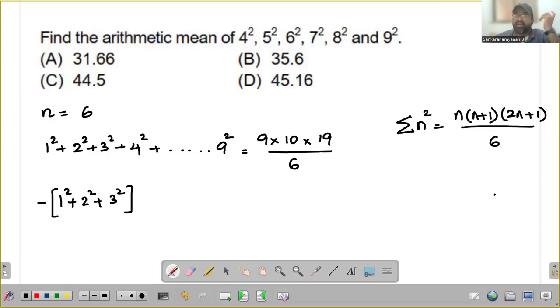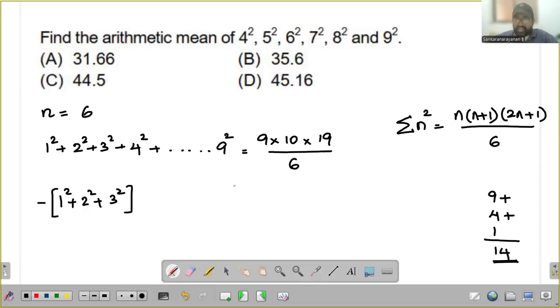3 square is 9, 2 square is 4, and 1 square is 1. You can see that the total will come as 14. So from this, you exclude that 14. That will get you the value associated with 4 square, 5 square, 6 square, 7 square, 8 square, and 9 square. That sum of all the observations, you will get it that way.